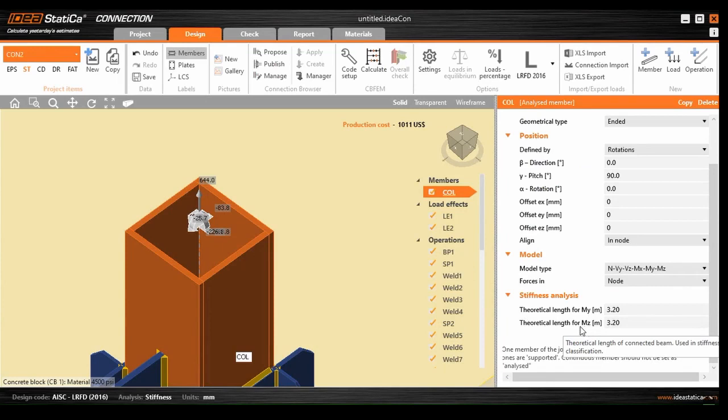So it is very important that you put them in the correct order. And then press calculate and wait until the analysis is done. It may take a few seconds up to a few minutes depending on your computing power.